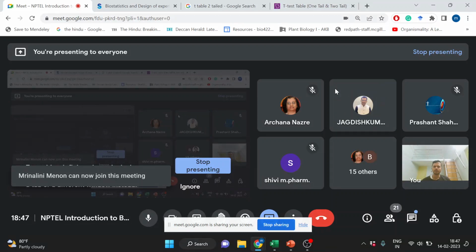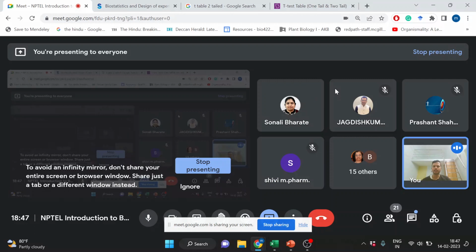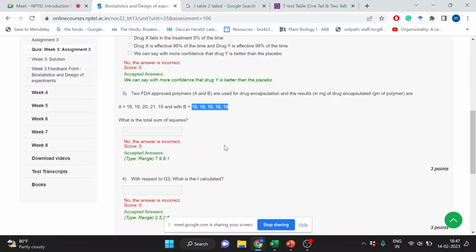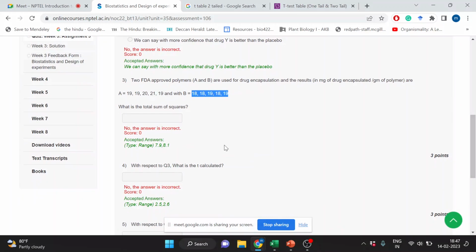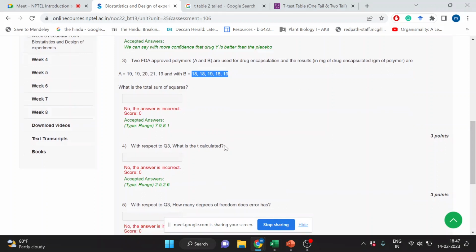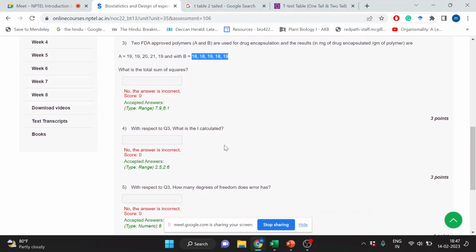I have a doubt. In question number 4, the question is what is the mean total sum of square? So whether we should consider degree of freedom as 8 or 9 because it is total.